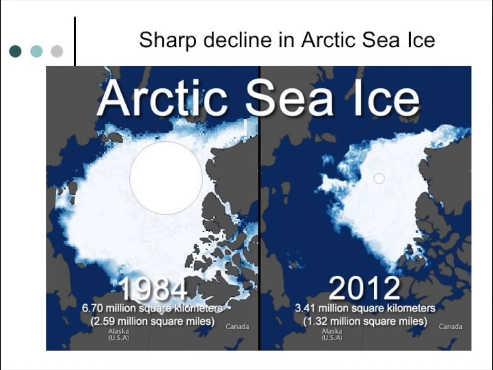This is a clear indicator. It also will accelerate the rate of climate change because the white sea ice reflects sunlight, whereas the dark ocean will absorb sunlight and cause greater global warming. This is called a positive feedback.